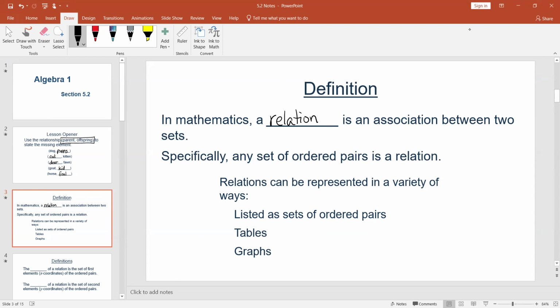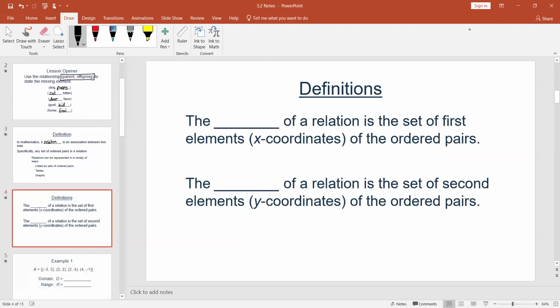So relations are represented multiple ways. They can be listed as a set of ordered pairs. It can be listed as a table or as a graph. And that table can be a horizontal table, like we saw in the last example in our previous section, or a two-column table.